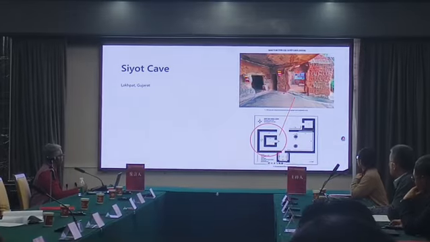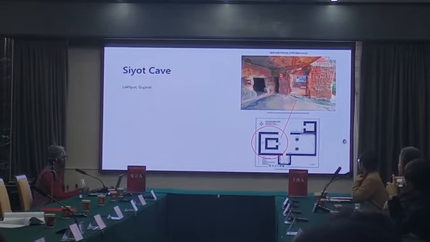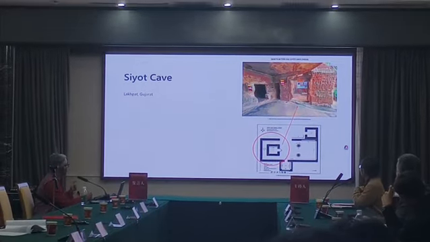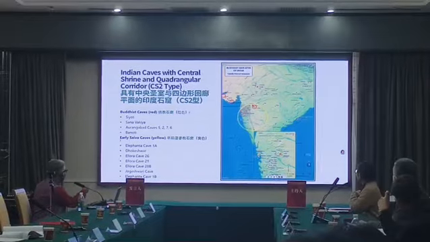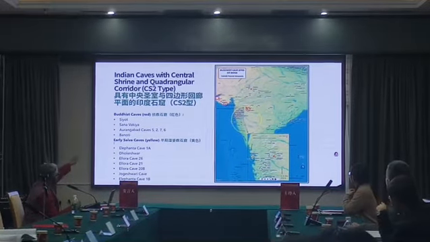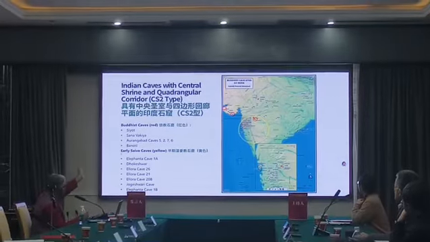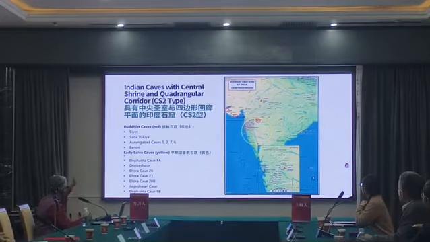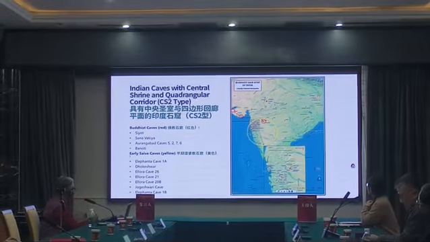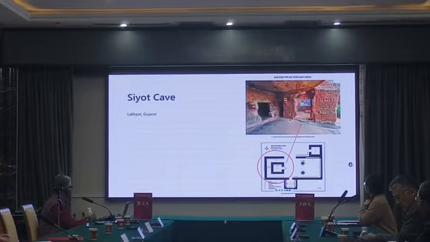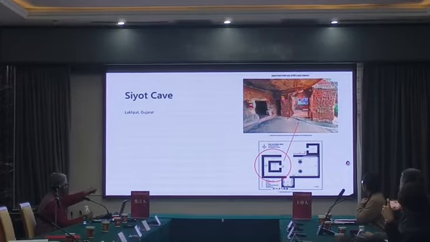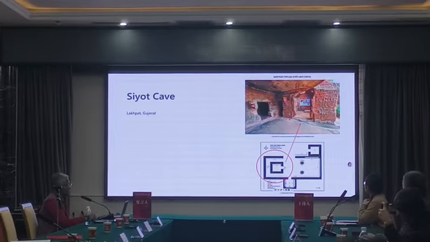Now, here is the Sio Cave. It is in the westernmost part of India. The first red circle on the left side is Sio Cave. It is on the border of India and Pakistan. So that is where this single cave is found.